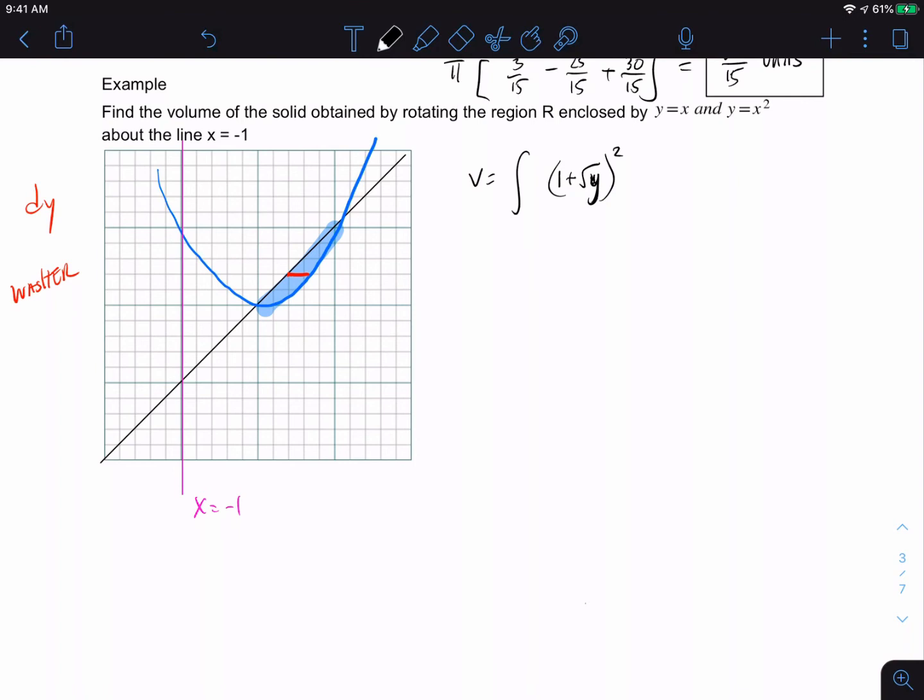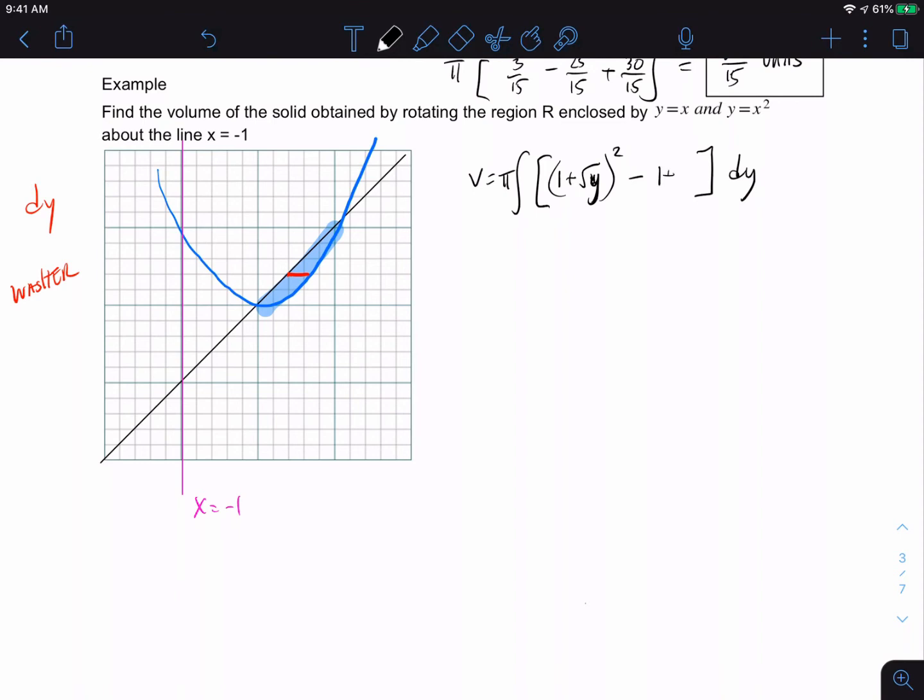Does that make sense? Let's not forget our pi. We need to subtract the inner radius. So tell me what the inner radius should be then. That's it.